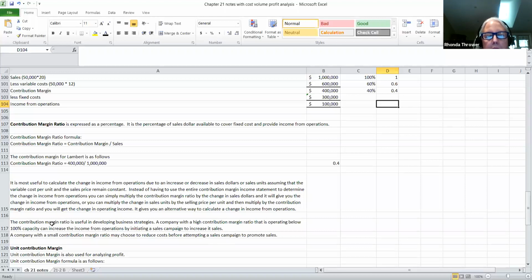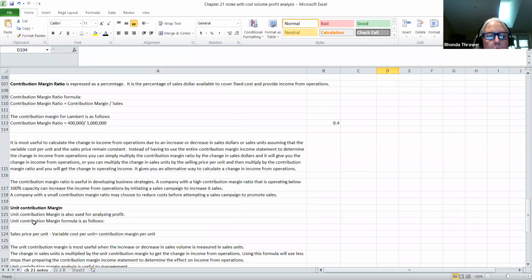Or if a company has a small contribution margin ratio, instead of advertising more, they might attempt to reduce the variable cost to get a higher contribution margin ratio, which would contribute to a higher amount of income from operations. So we're using these formulas to help management make decisions about their company.